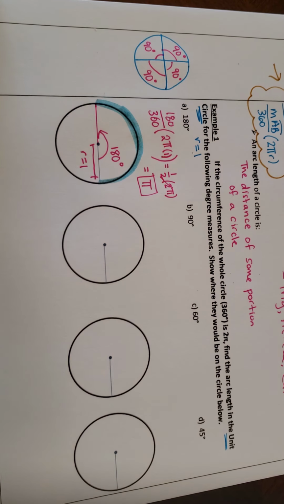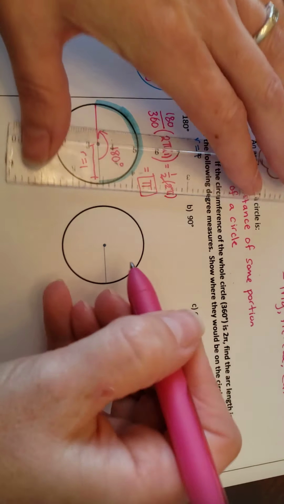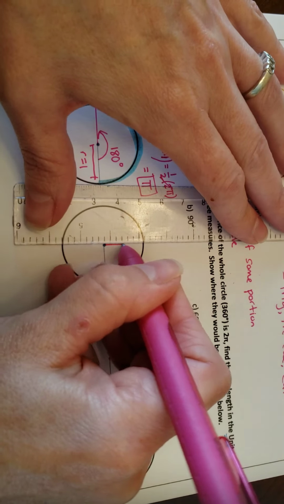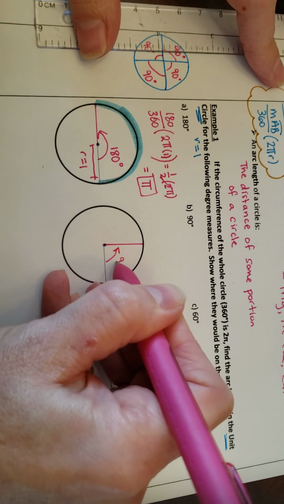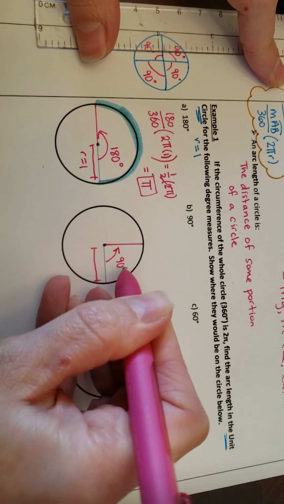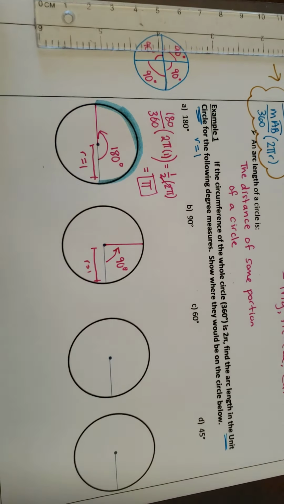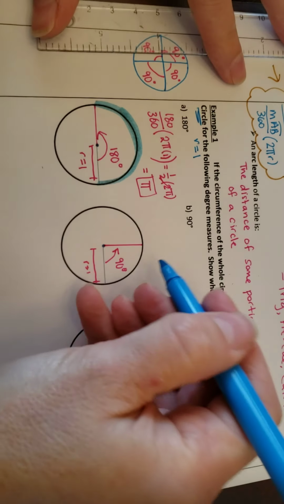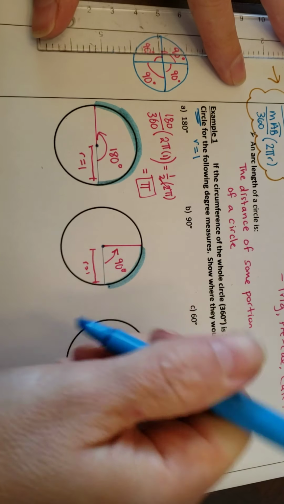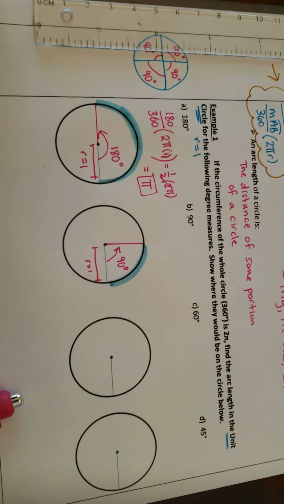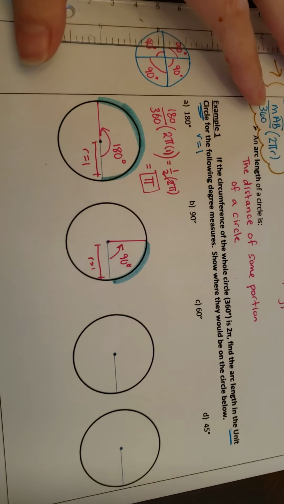If you want to pause the video and try some of these, you're welcome to, and you can come back and see if you got the answers right. So 90 degrees is just 1/4 of a circle. So 90 degrees, again, here's my r. My r is 1. I want to find this arc length. So I'm going to do the math down here for that one.